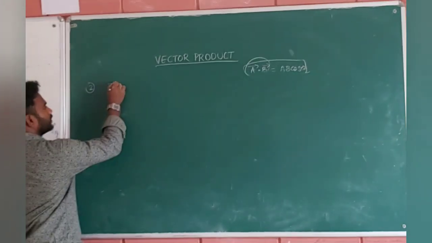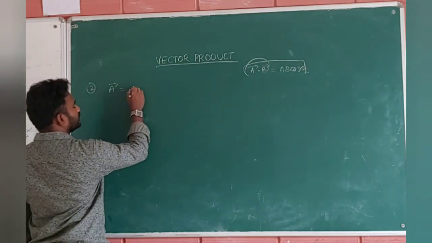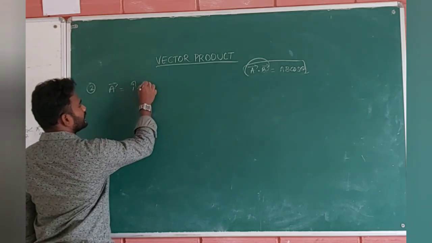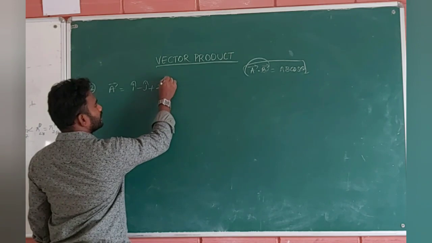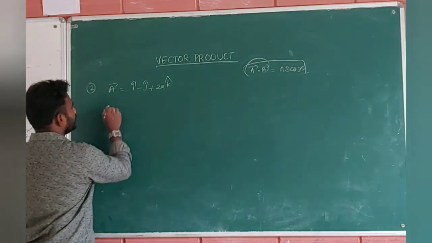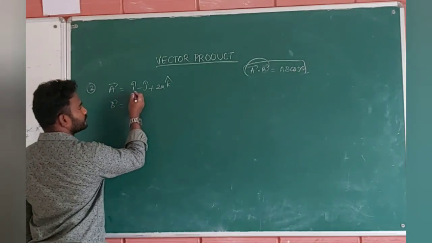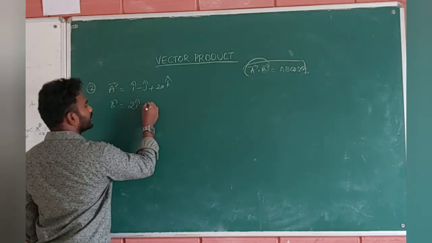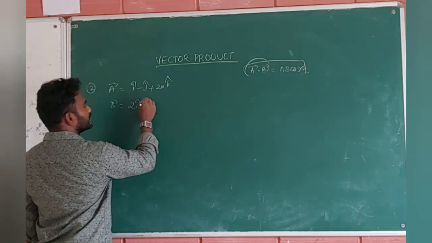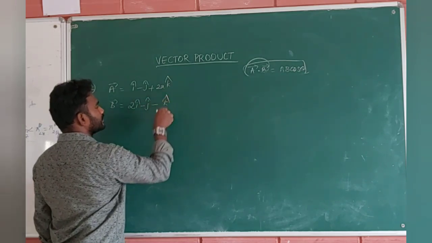Given A bar is equal to i cap minus j cap plus 2a k cap. Given B bar is equal to 2 i cap plus j cap minus k cap.